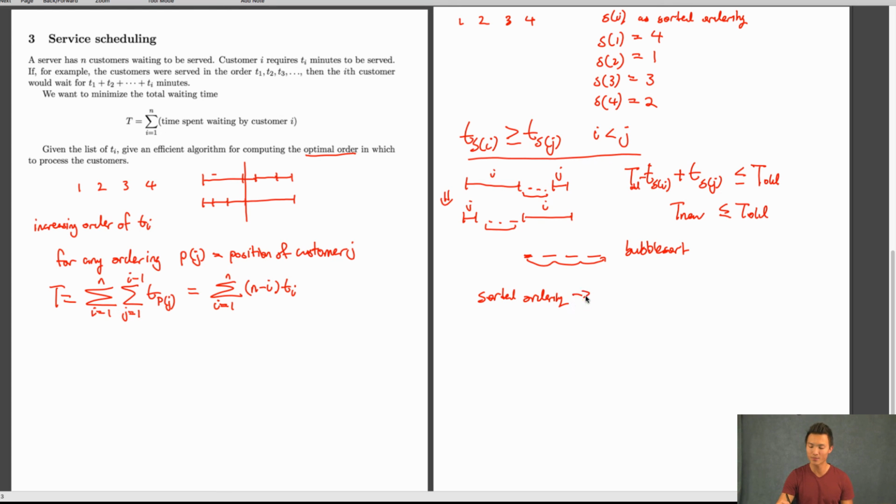So this means that we have our optimal ordering, as exchanging any 2 elements cannot improve my time or total cost. And if I can't improve my total cost, then we have a global minimum, or global optimal solution, by this exchange argument.